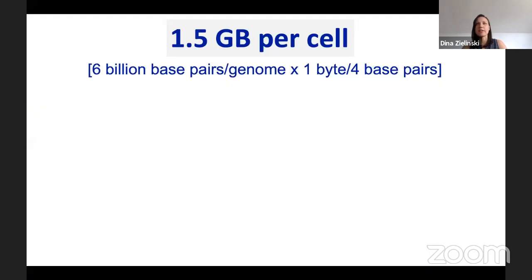So just to give you an idea of the scale of why DNA is a good solution, the main thing is that it is incredibly dense. So if we were to take the DNA in our human body, we have 6 billion base pairs in a single human genome. And we have a copy of our genome in every single cell of our body. That amounts to about 1.5 gigabytes of data in every single cell.